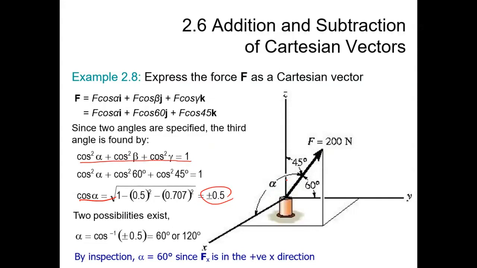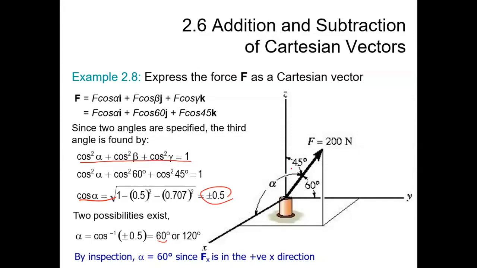And then by looking at that shape, I can say that my alpha is larger than 90 degrees, right? So by inspection, alpha is the first answer, not the second answer.